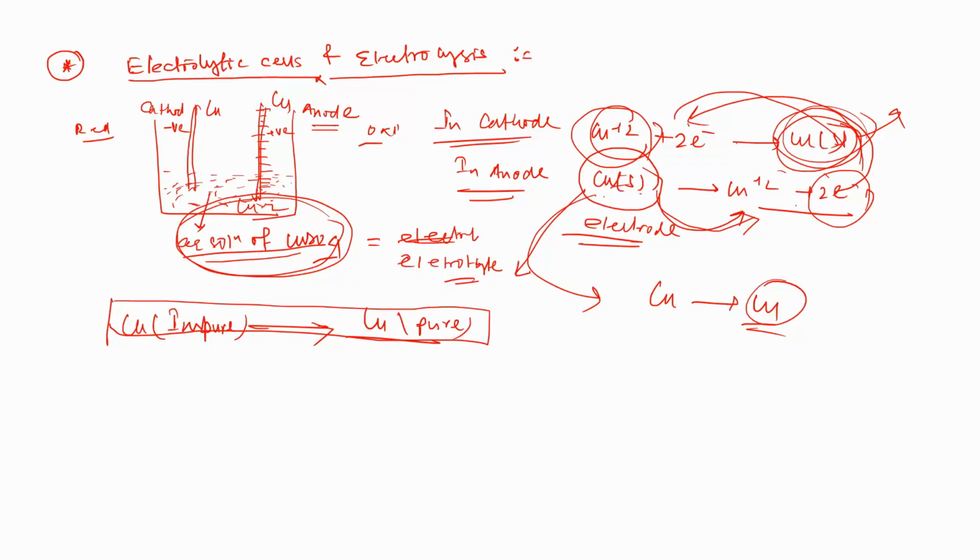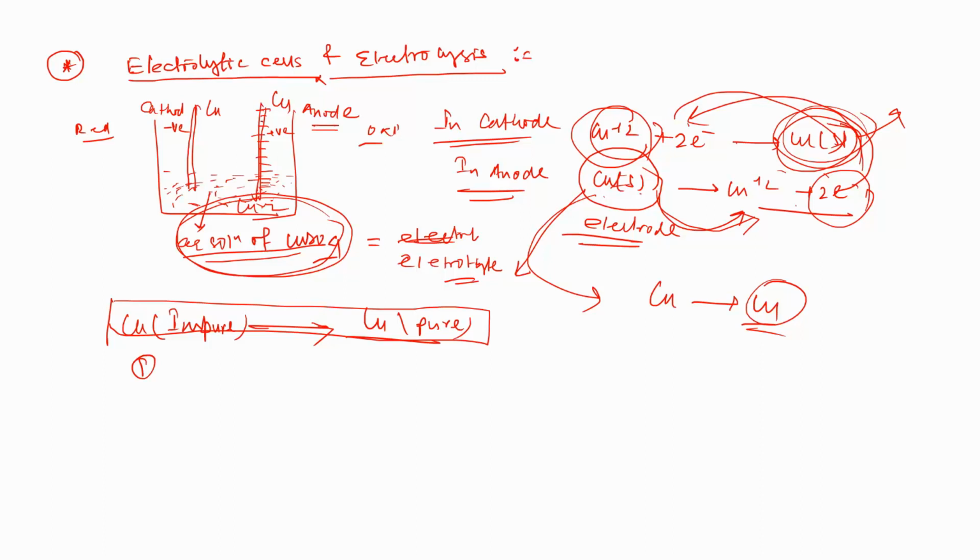The first law is that the amount of the chemical reaction. So this redox reaction is happening. How much this chemical reaction is happening is proportional to how much potential you are giving from the outside.